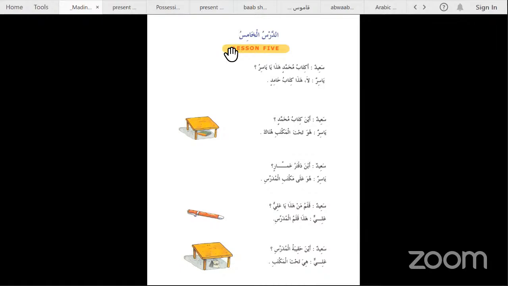No, whose pen is this, ya Ali? Ali replies, Haza kalamul mudarrisi. This is the teacher's pen. Saeed: Aina hakibatul mudarrisi. Where is the teacher's bag? Ali replies, Hiya tahtal maktabi. It's under the table.